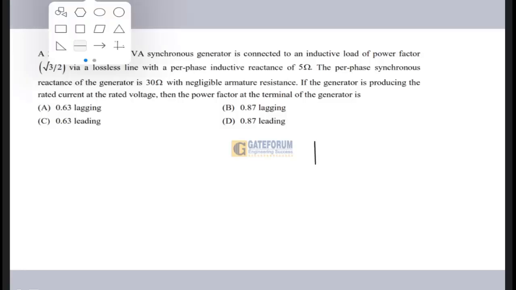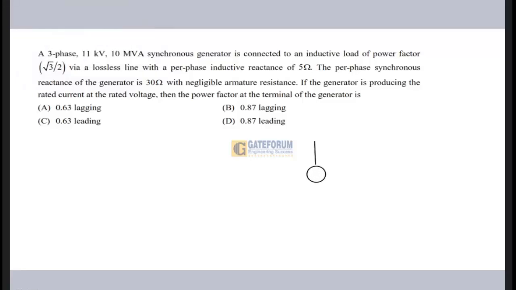if I just draw the equivalent circuit diagram of the synchronous generator. Here I have my synchronous reactance. I am just drawing for the synchronous generator. This is my synchronous reactance, and armature resistance is neglected, so I will not consider it.